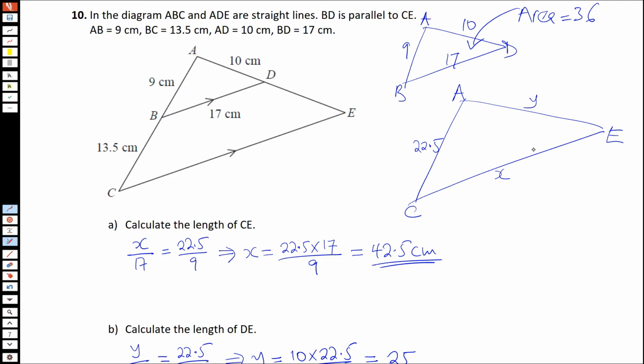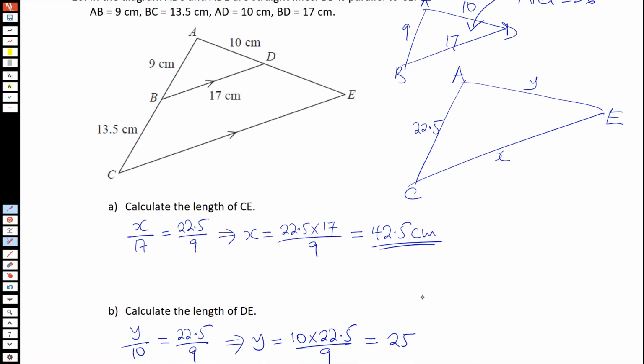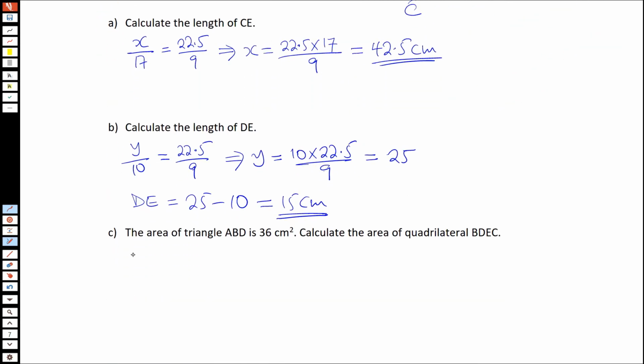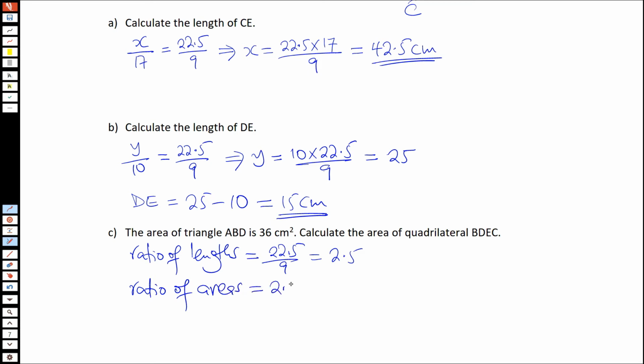That's the plan. So the ratio of the lengths of these two triangles will be equal to 22.5 over 9, which is 2.5. So the ratio of the areas will be equal to 2.5 squared, which will be 6.25.